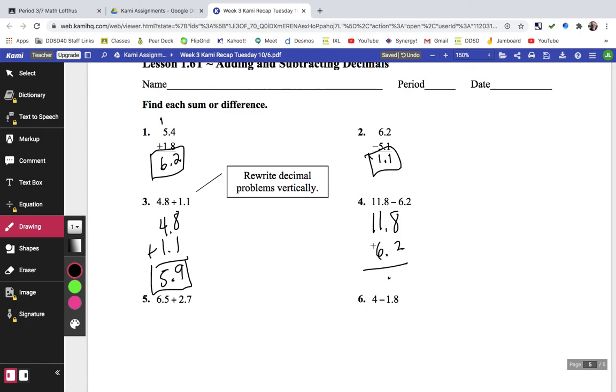Don't really need to put a 0 right here. The zeros are for to the right of the decimal. 11 minus 6 is 5.